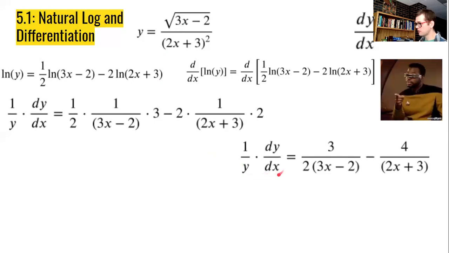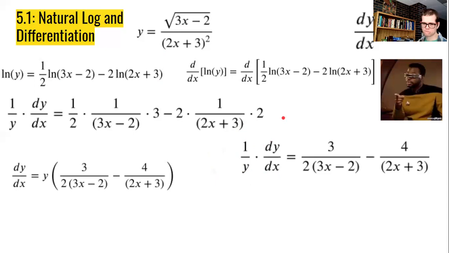Now, really, I'm trying to solve for dy dx. I need to get rid of this 1 over y, so let's multiply by y. In a sense, we're done because we've solved for dy dx. But also, we like to explicitly solve for dy dx, not always, but often, especially since we already know what y is equal to.